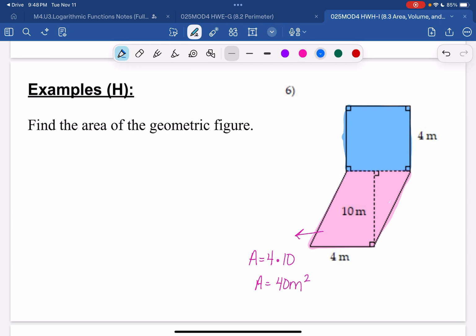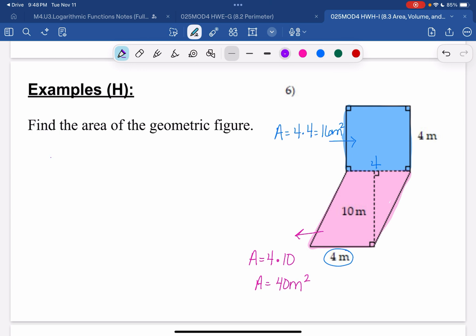Now if I look at this one, it looks like it's a square, but it doesn't really tell me up here. But since this is 4, that means this has to be 4. So yeah, it's definitely a square. So 4 times 4, 16.